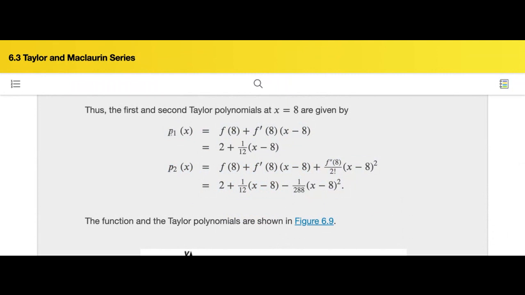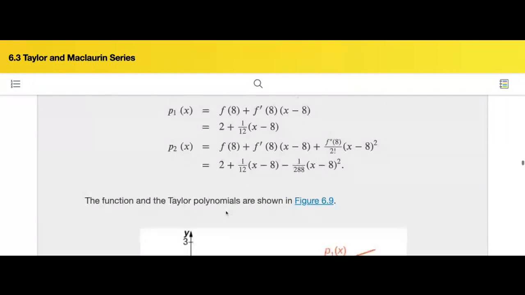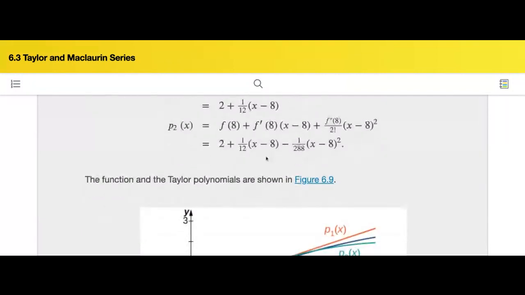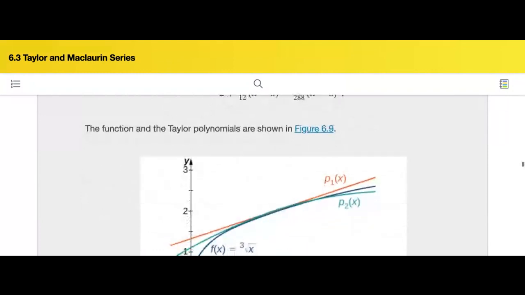P1 is a linear approximation for the function cubic root of x. P2 is a quadratic approximation for cubic root of x, centered at 8. Centered at 8 means we want to approximate values very, very close to 8, like 7.9, like 8.01, and so on.